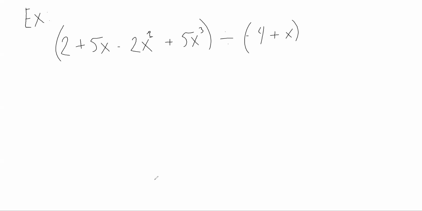So when you're setting up these long division problems, the first thing you have to remember is to make sure everything is written in standard form.